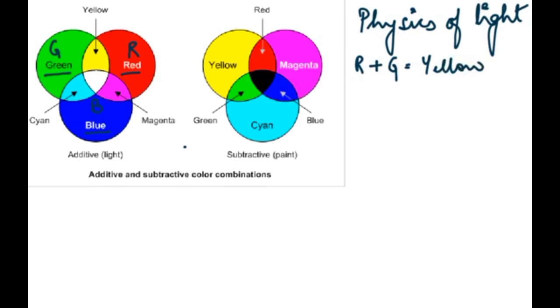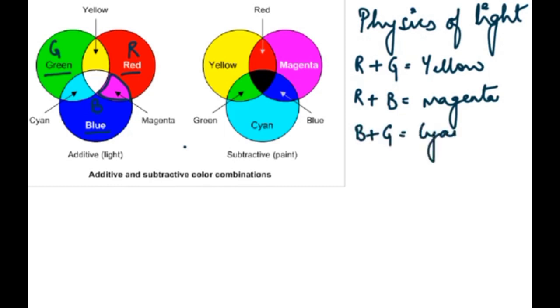Similarly, if you are combining red and blue, you get a magenta color. This is how magenta looks like. You can see here. If you combine blue and green, you get cyan color. This is cyan color here.